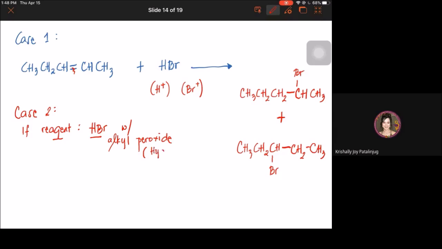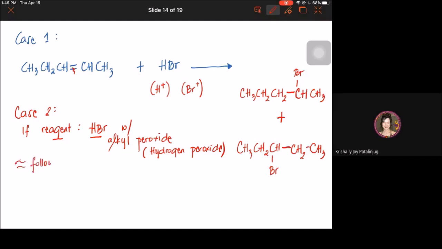Di ba, familiar mo sa hydrogen peroxide? Ayan, hydrogen peroxide. So if ever, kana nga reagent ang imuhang makita sa reaction, then what will happen here is anti-Markovnikov's rule will be followed.